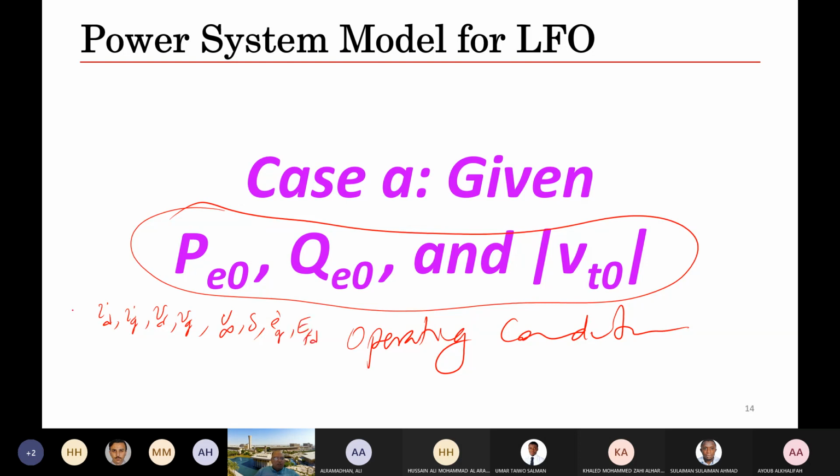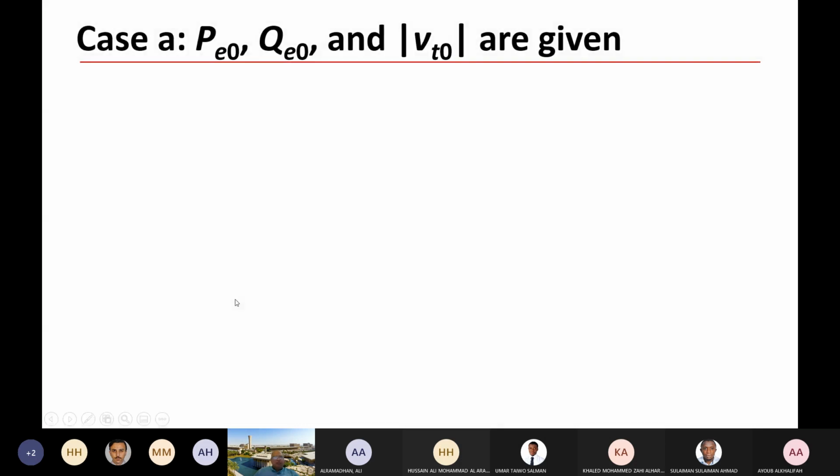All these quantities we need to have. We need to find out how much V infinity, the delta angle, EQ prime, and EFD are. So these are the initial conditions. Okay, let us start with those quantities and see how to proceed to find all of them.